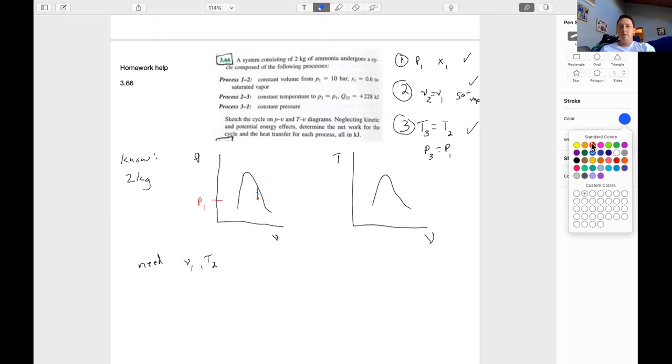So state 2's got to be here, just like state 1, state 2. And then I know from 2 to 3, it is constant temperature. Oh, I'm sorry. I should have been plotting all these same points here. So the initial points here, then state 1, state 2. And I know that it's isochoric.